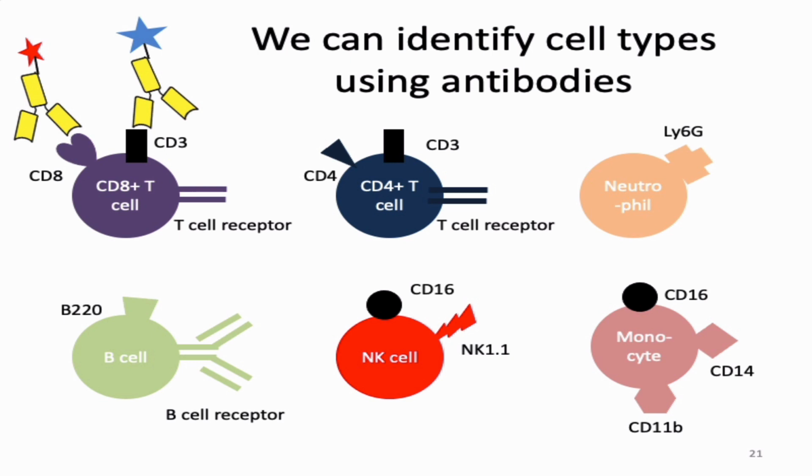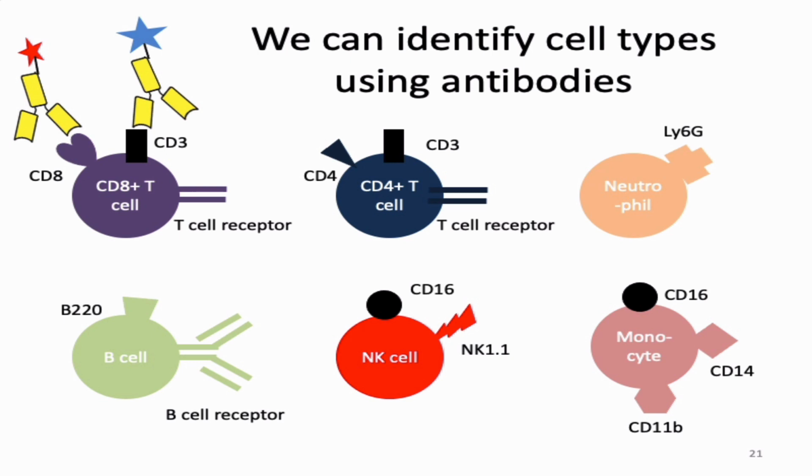So I can use antibodies that, again, have a modification at their Fc portion that makes them glow. Basically, I use fluorescently labeled antibodies. You can see that I might use an antibody against CD8 with a red tag, and an antibody against CD3 with a blue tag.